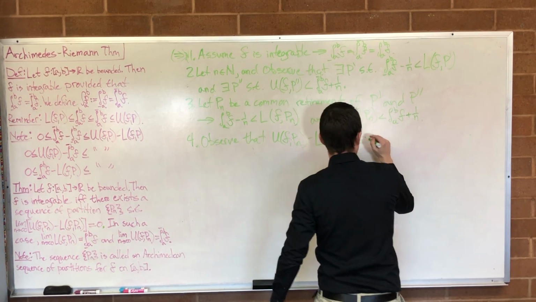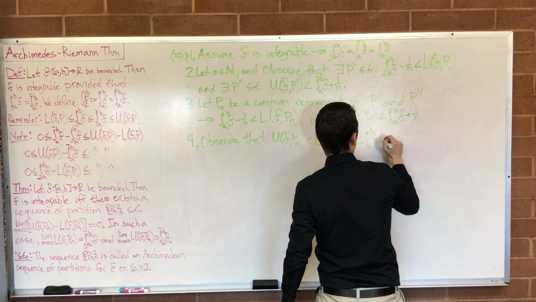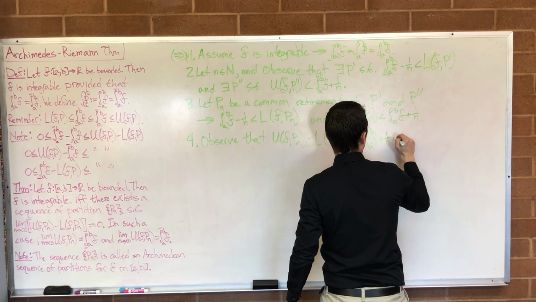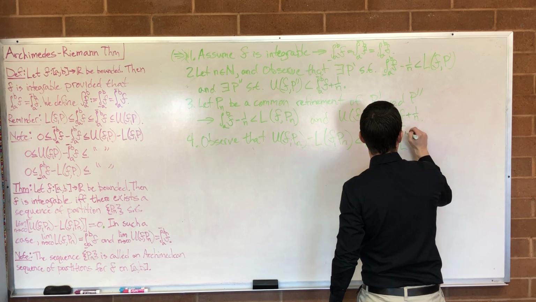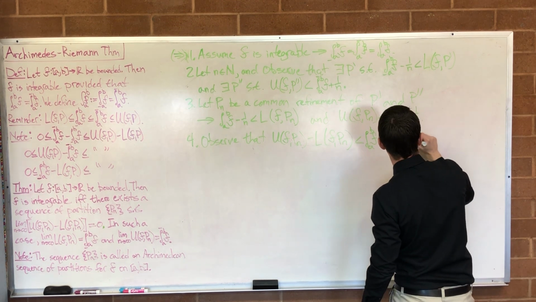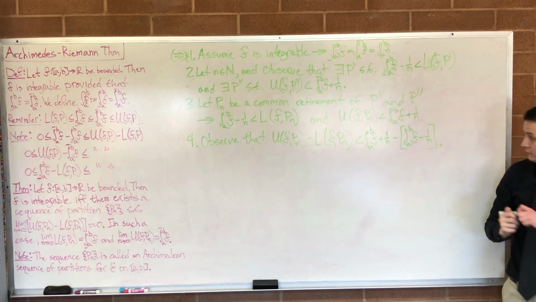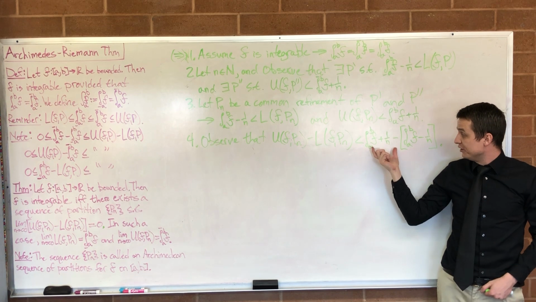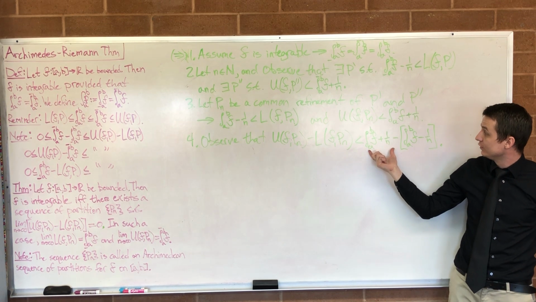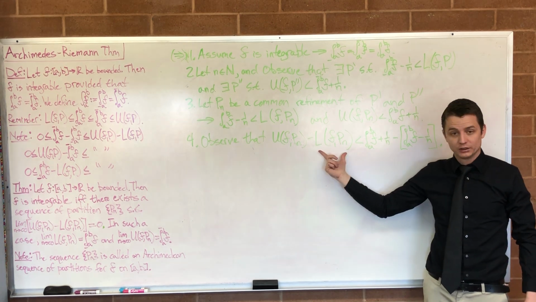Maybe I should have written it first and then specified there. The integral from a to b of f plus 1 over n minus, and maybe put parentheses here to make it very explicit. So this number we know is bigger than this number, and this number we know is smaller than this number.